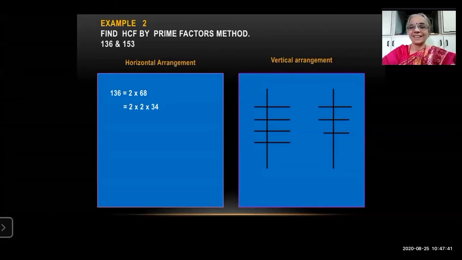And those who know tables can directly say 17 twos are 34. And if you don't know the table, learn tables every day and for now practice on the rough page.